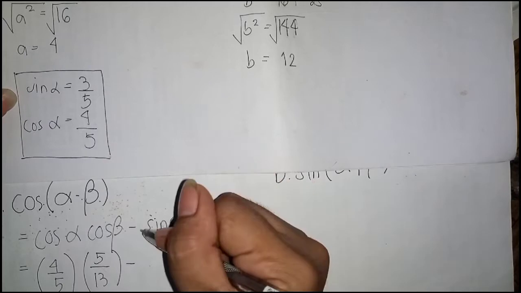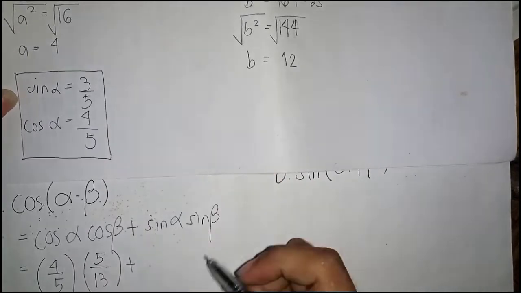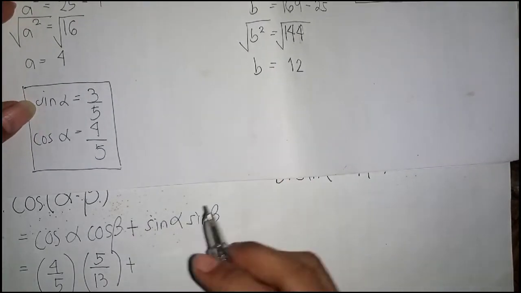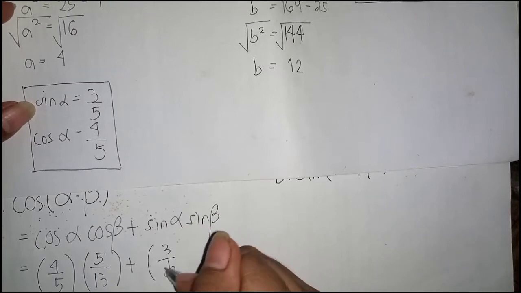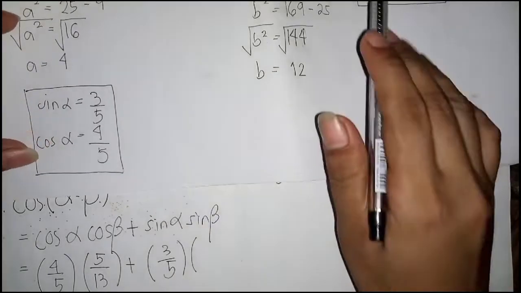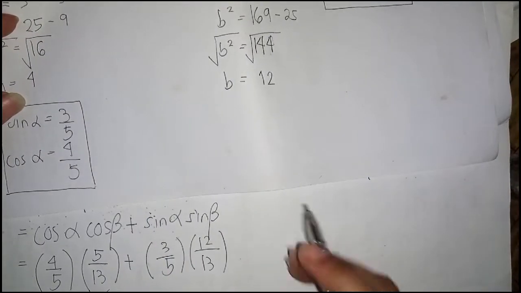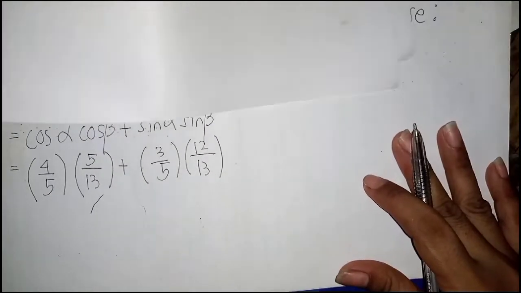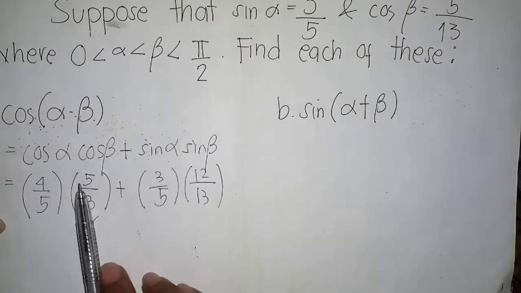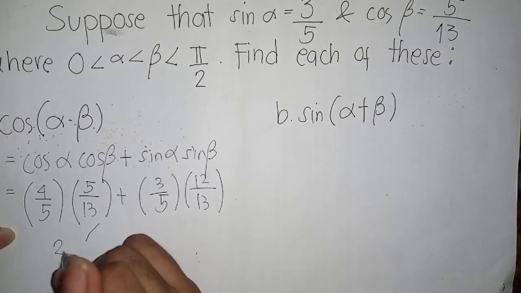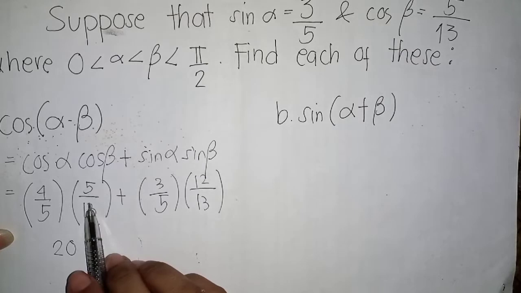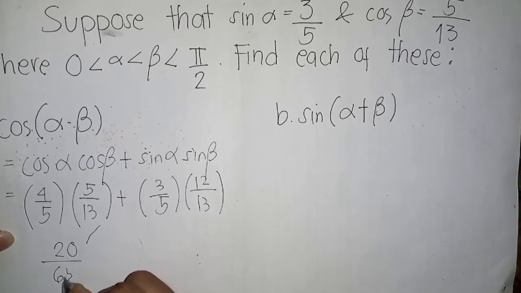Minus pala ito, so it becomes positive. So, our sine alpha is equal to 3/5. And then, our sine beta, which is 12/13. And then, let's simplify. 4 times 5 is equal to 20. 5 times 13 is equal to 65.